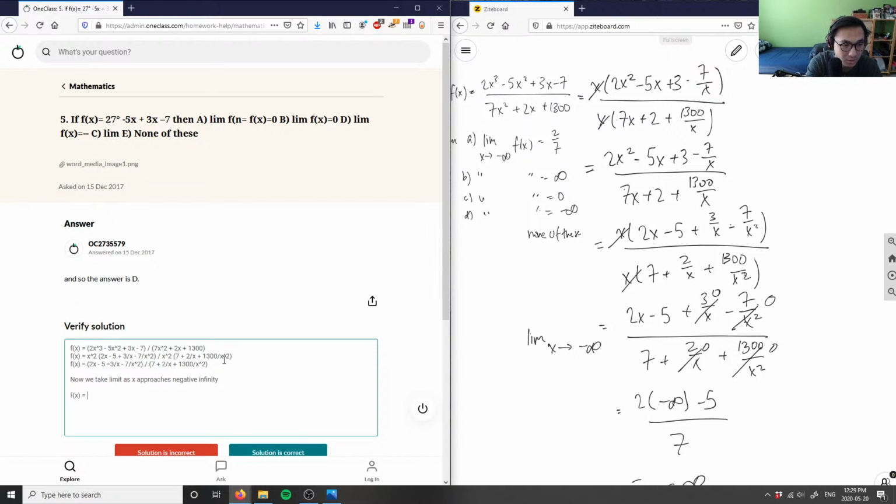Therefore, we have f of x equals negative infinity, or I guess I would have 2 times negative infinity minus 5 divided by 7. Therefore, the limit as x approaches negative infinity of the given function is negative infinity.